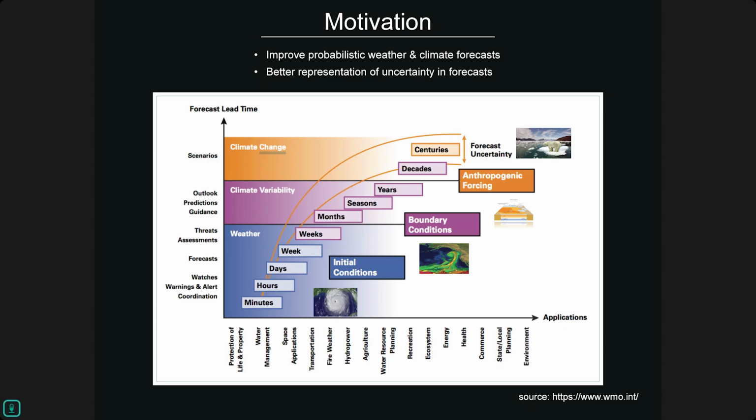So in terms of motivation for what we do and why we do it, this is an image from the World Meteorological Organization talking about information that's provided on different time scales, which is on the y-axis here, going from a few minutes, where there's a lot of activity in terms of coordination, watches and alerts.